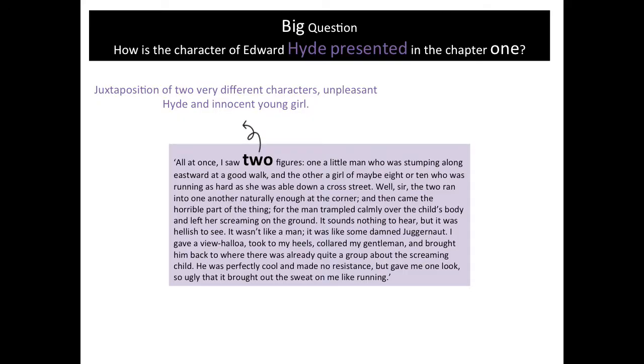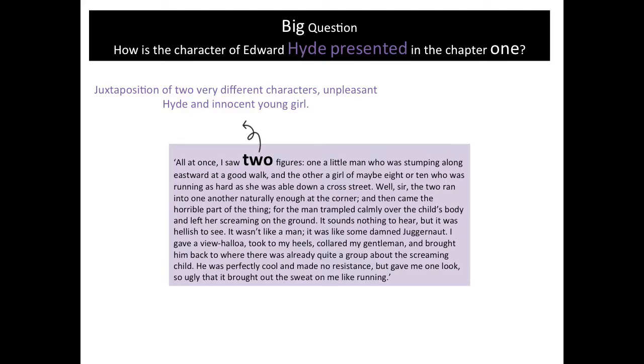So all at once I saw two figures, one a little man who was stumping along eastward at a good walk, and the other a girl of maybe 8 or 10 who was running as hard as she was able down a cross street. Well, sir, the two ran into one another naturally enough at the corner, and then came the horrible part of the thing. For the man trampled calmly over the child's body and left her screaming on the ground.